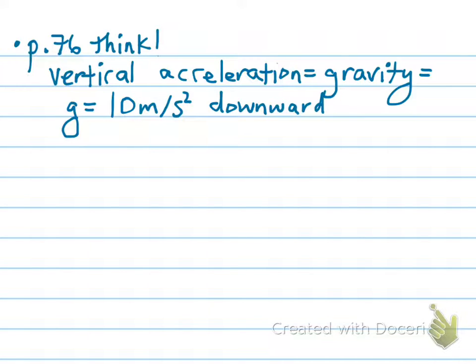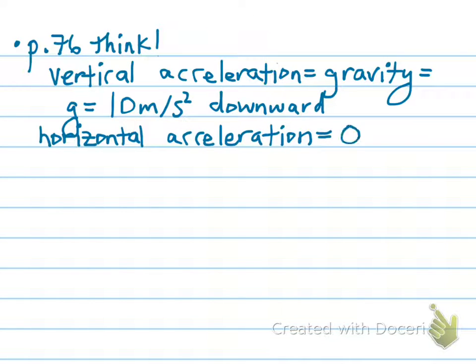Now, it also asks us about the horizontal acceleration. Remember, there's no force acting on it in a horizontal way. So the horizontal acceleration is 0 because it moves with constant, or unchanging, velocity.